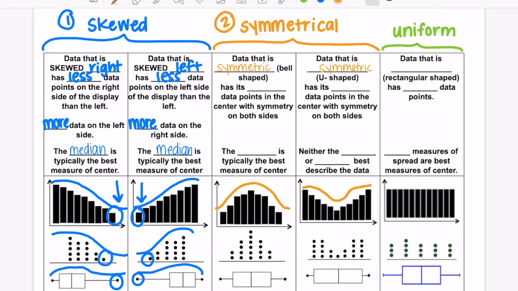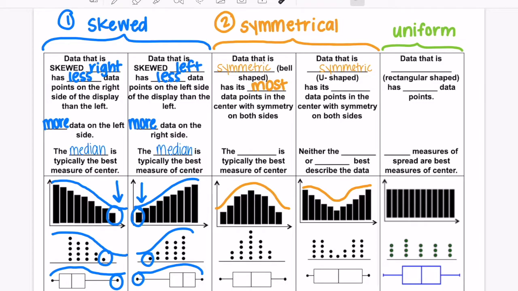When it's bell-shaped, so that's this one, it has most of the data in the middle of the distribution. It has most of its data points in the center with symmetry on both sides.